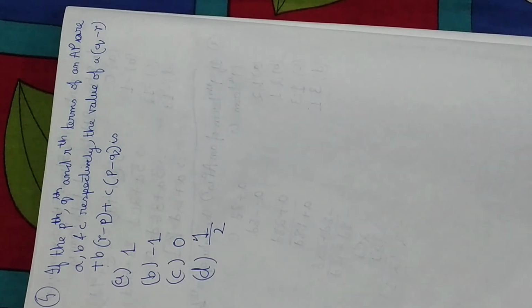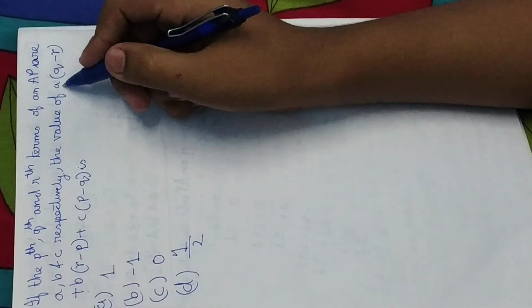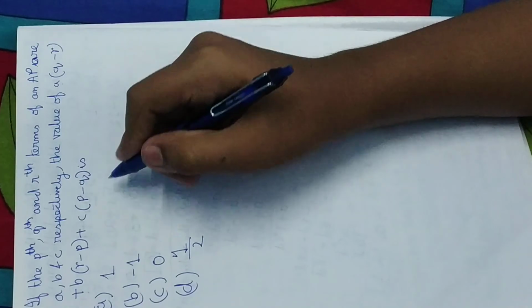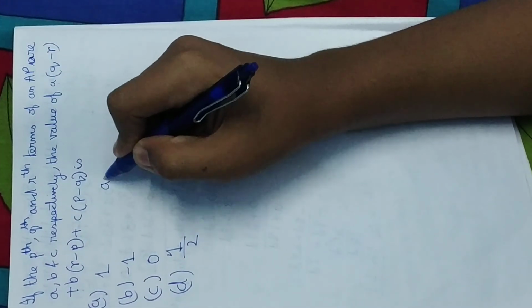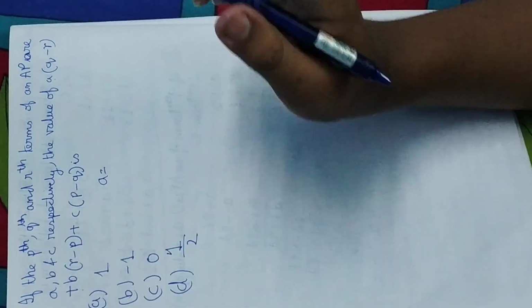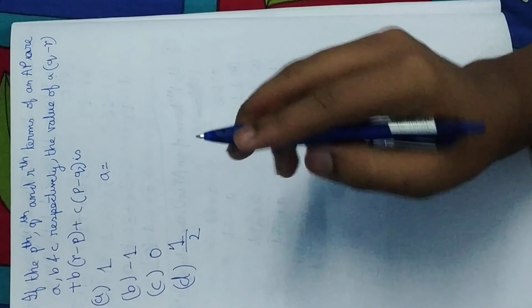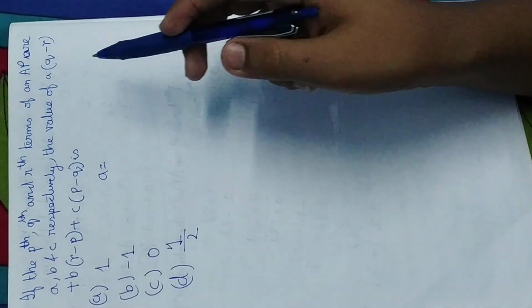It seems to be a very complex question, but it's again a very easy one. We can solve it easily by putting in place of a its value. The first term was a in every question, but here a is another variable which is already assigned.